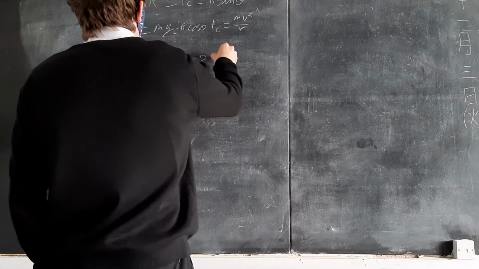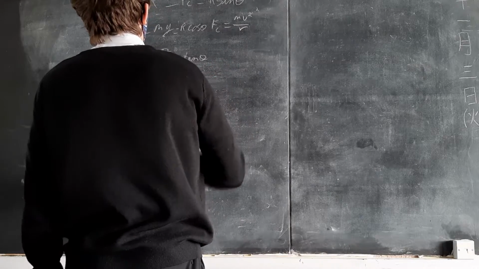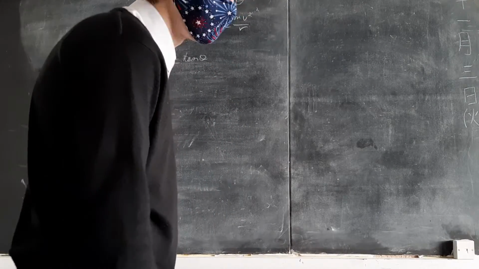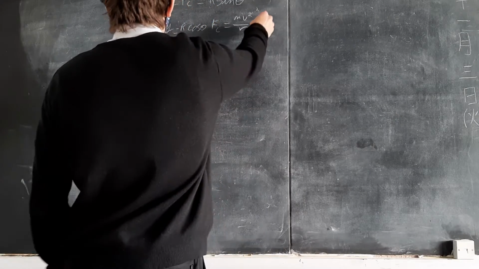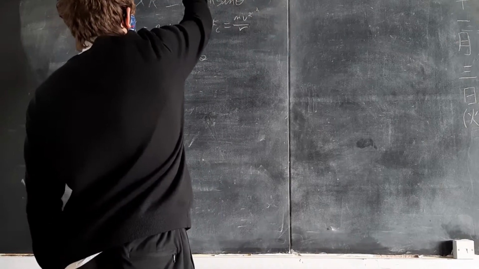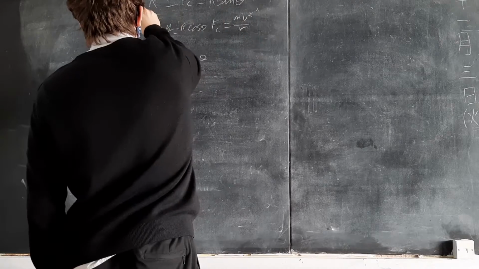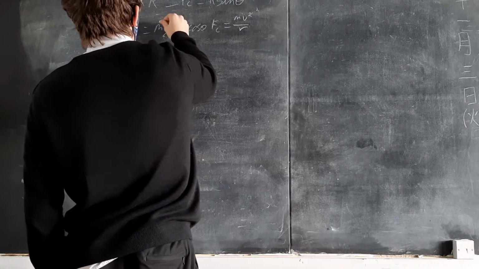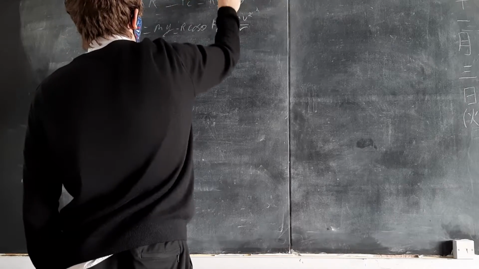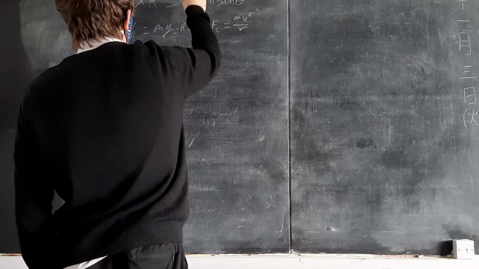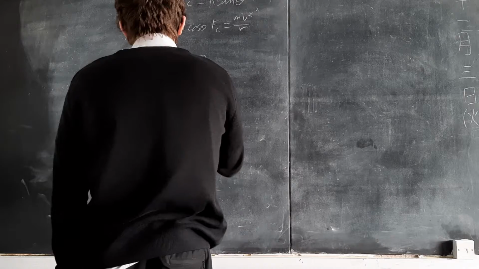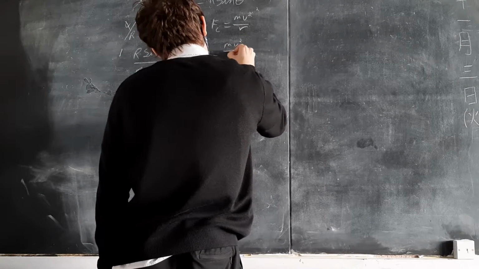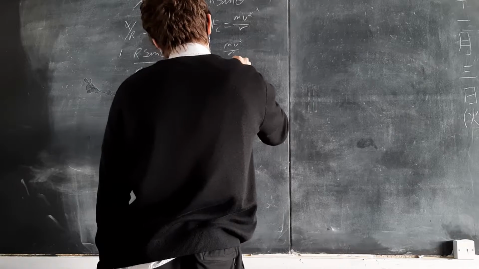Lovely. And then this will all equal mv squared over R over mg, because you divide X_R, which is equal to Fc, by mg. If you're dividing R sine by R cos, then you divide Fc by mg, so that's all equal to mv squared over R all over mg.